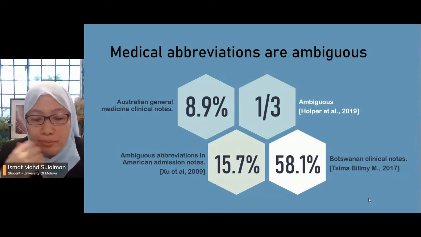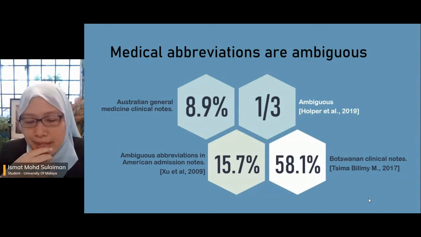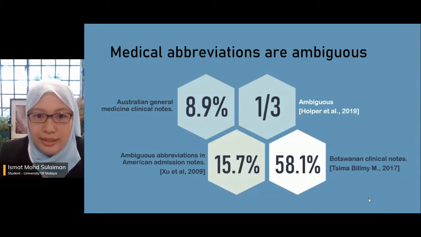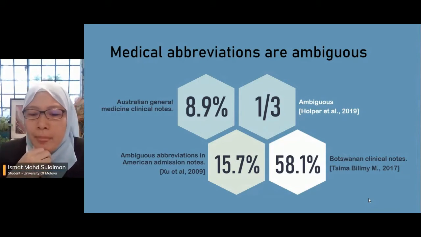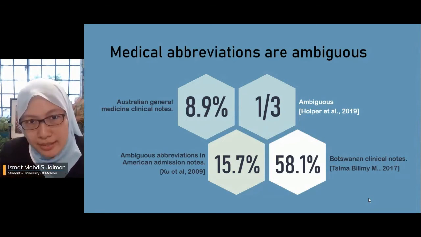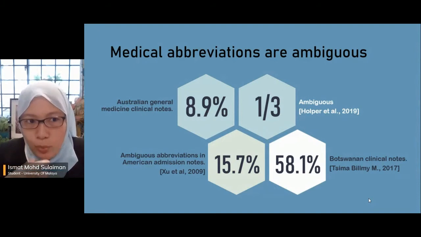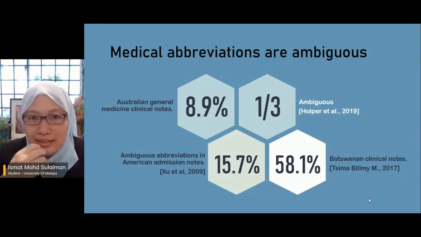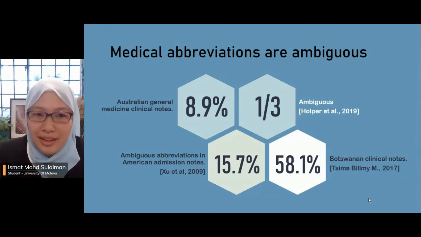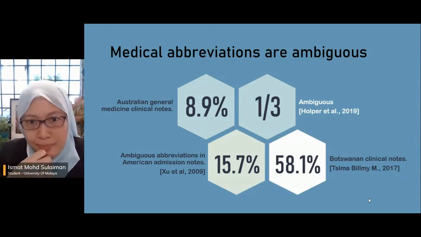But before we get to that, there are previous studies that use electronic health records to study abbreviations. One is by Holper et al. They found that 8.9% of the words in their medicine clinical notes are abbreviations, and a third of those abbreviations are ambiguous.